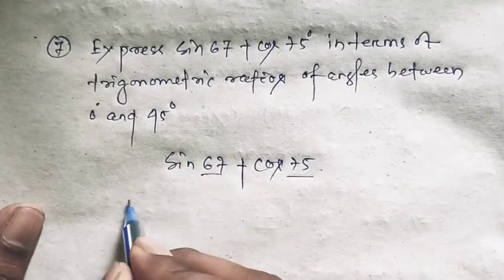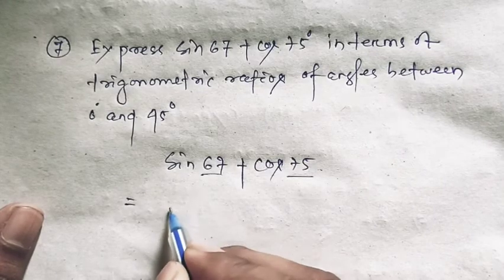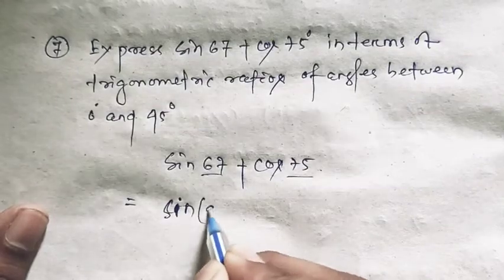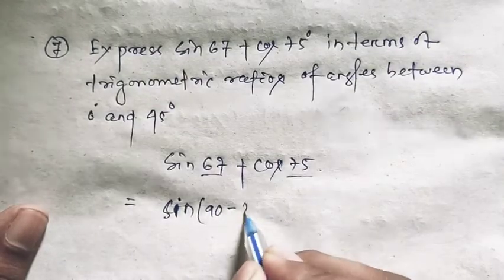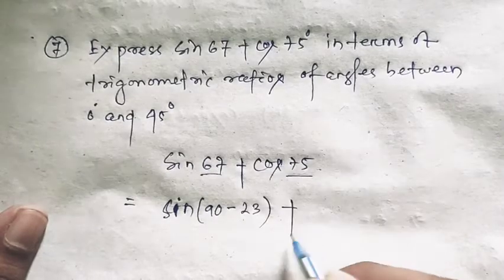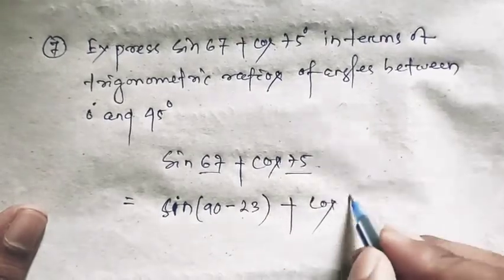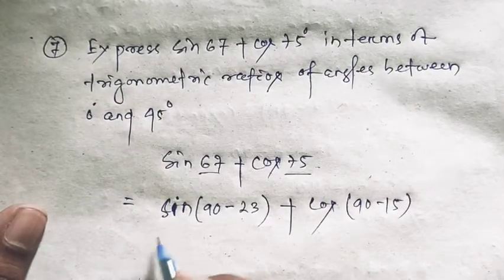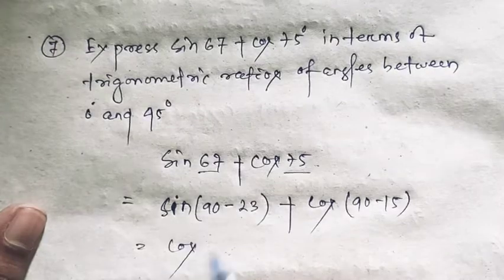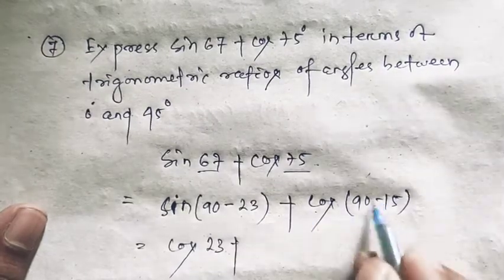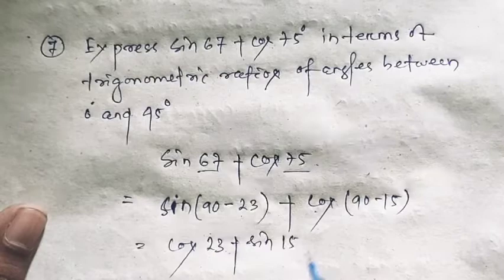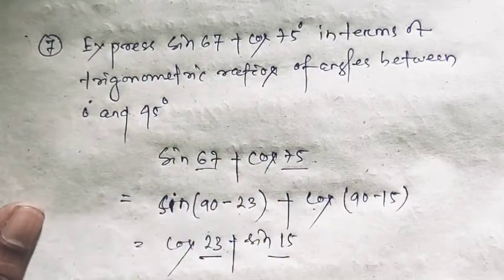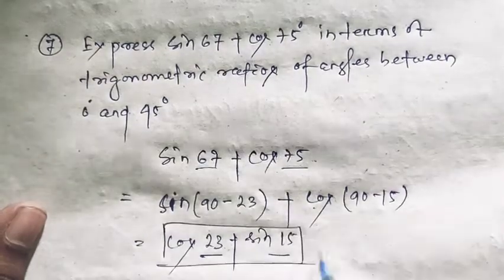Okay, so I can write sine 67 as sine (90 minus 23), plus cos 75 means cos (90 minus 15). From here, sine (90 minus theta) means cos, so cos 23, plus cos (90 minus theta) means sine, so sine 15 degrees. So these are angles which are smaller than 45 degrees. So this will be your answer, right?